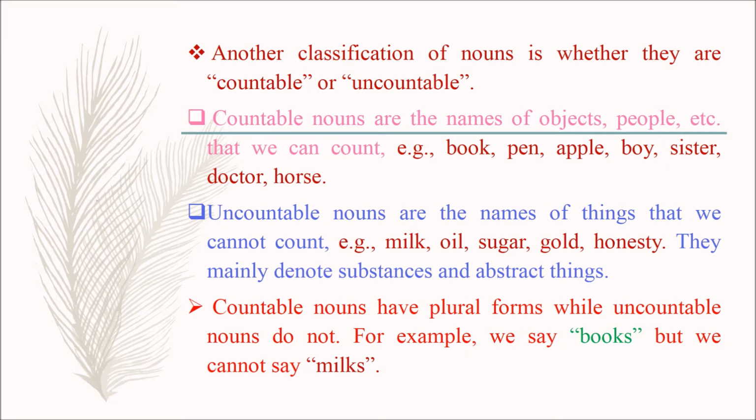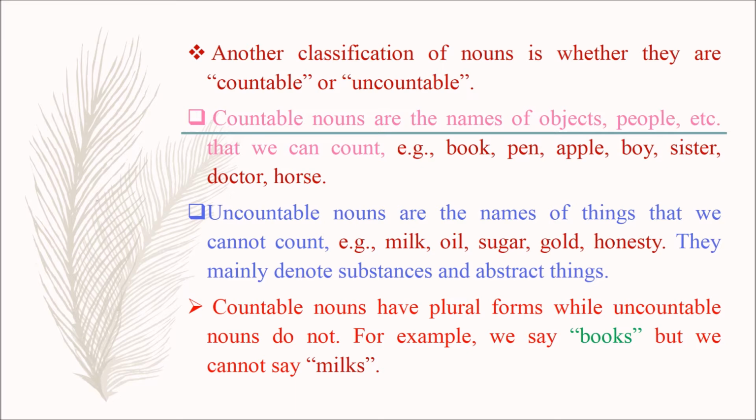Uncountable nouns are the names of things that we cannot count. Examples: milk, oil, sugar, gold, honesty. They mainly denote substances and abstract things.